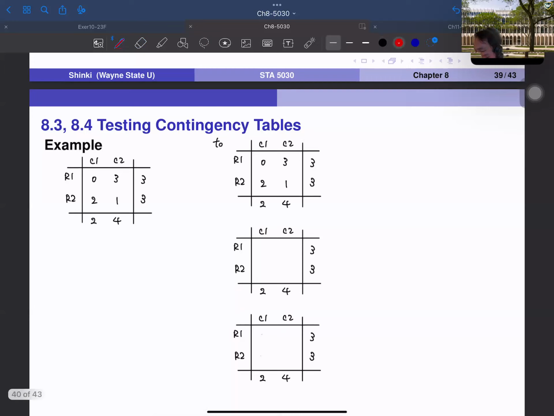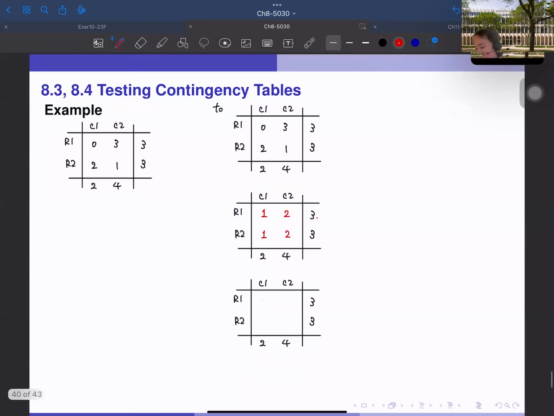Suppose that this count is 1, then this count should be 2 because the total is 3, and this count is 1 because the column total should be 2, and this number should be 2. And this does not contradict anything. So first row, 3 observations, second row, 3 observations, first column, 2 observations, and second column, 4 observations.